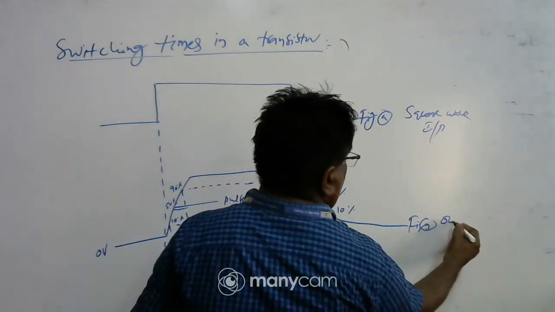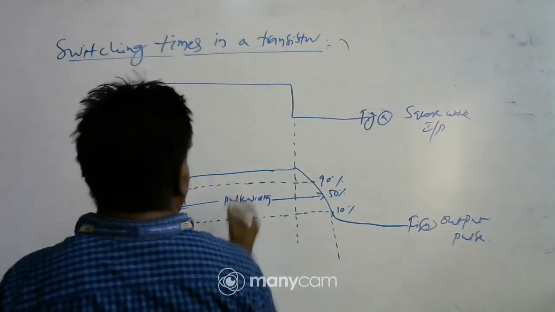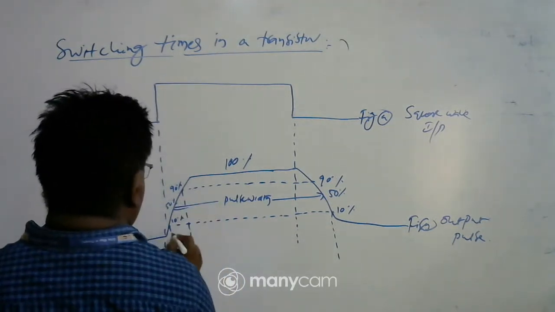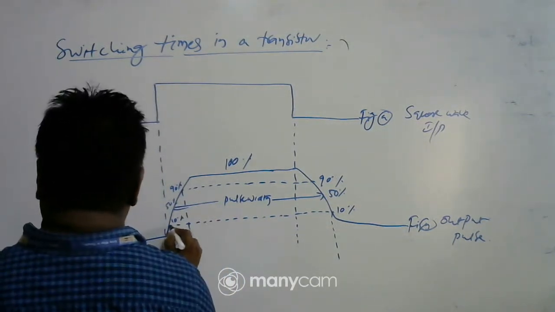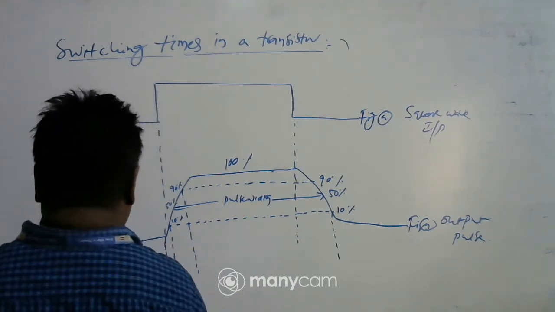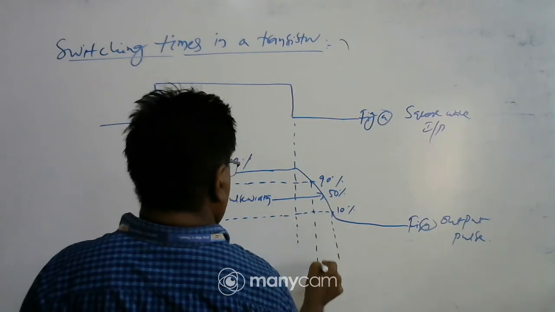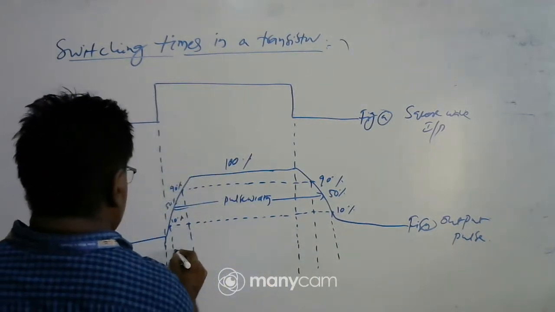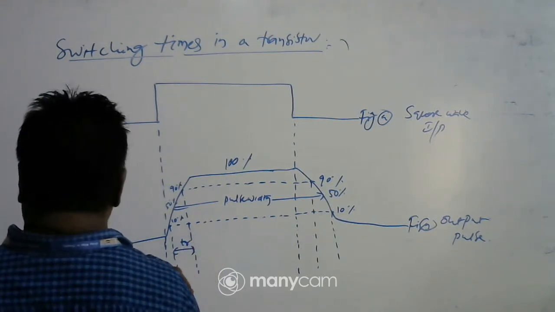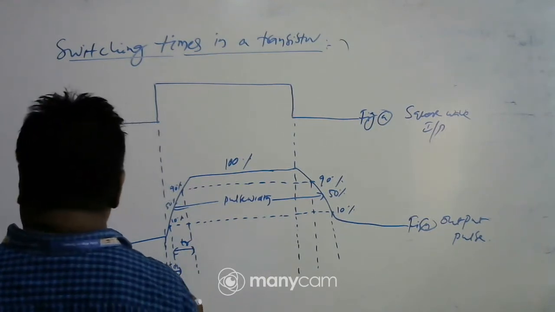Figure B, output pulse. Here 100%. Here this is the TR, rise time. This is the TD, delay time.